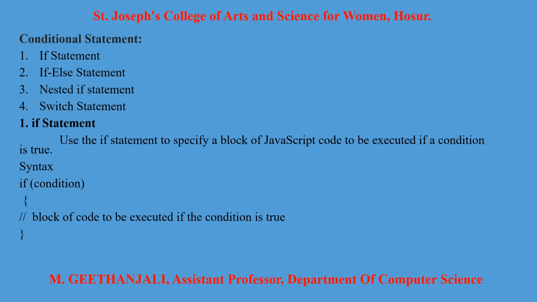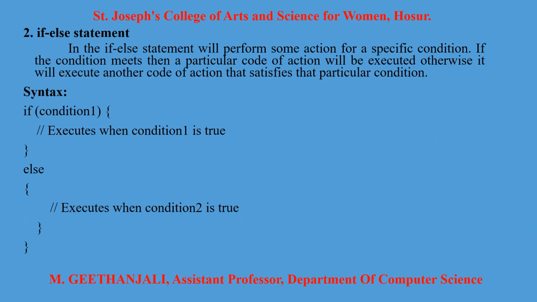The if statement is used to specify a block of JavaScript code that is executed if the condition is true. If it is true, the code will be executed; otherwise it will not be executed. The if-else statement performs some action for the specific condition.